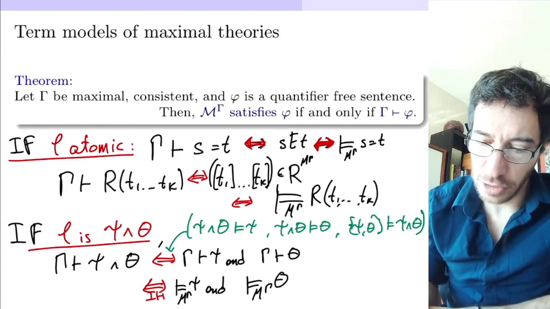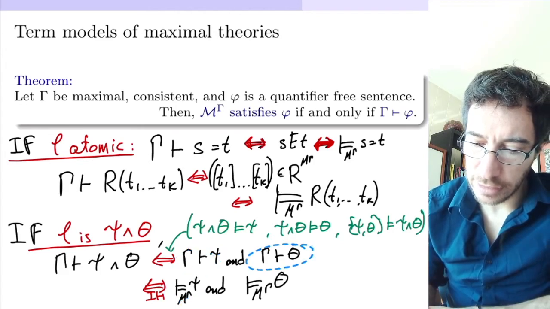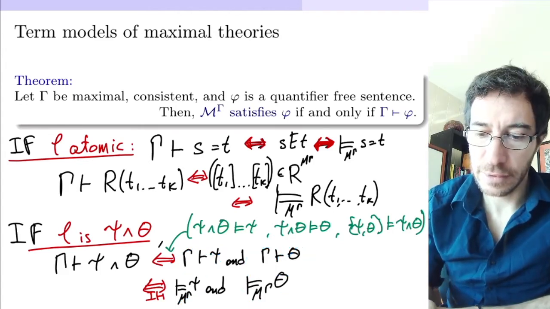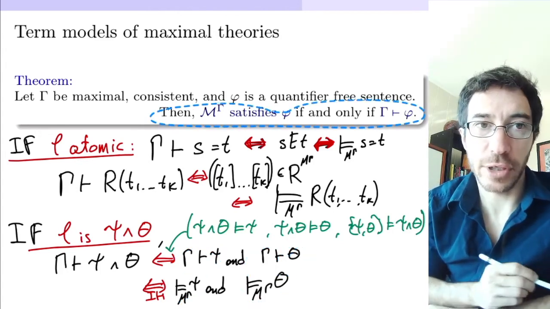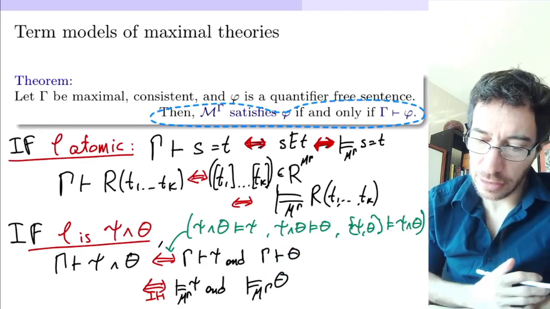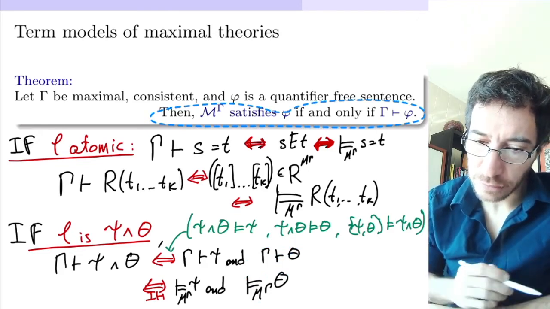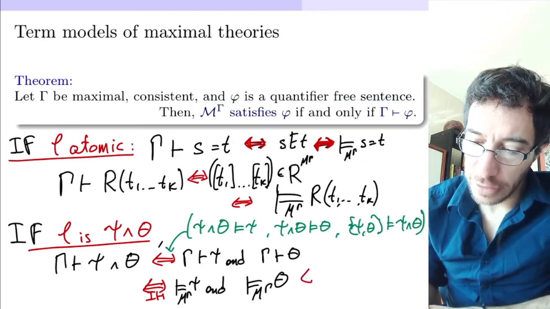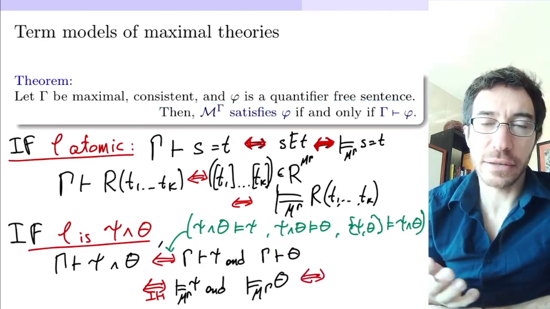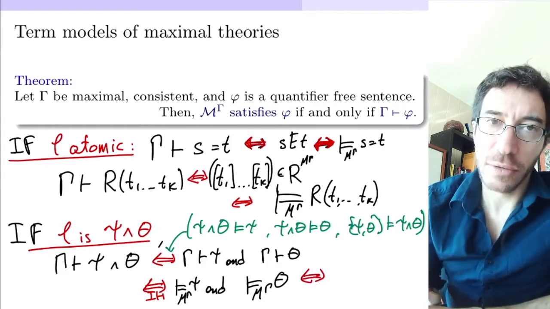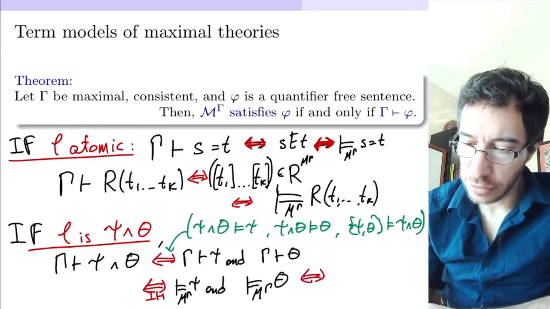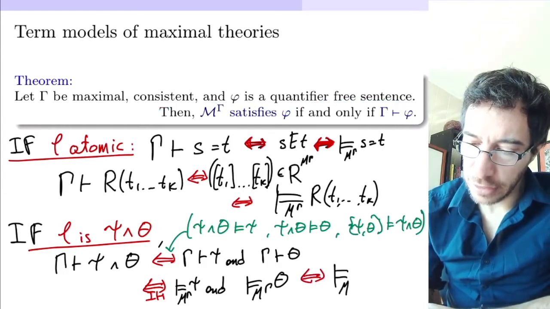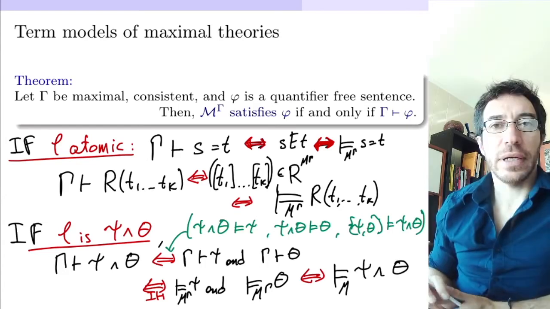We know this is equivalent to that, and that is equivalent to this, because they are smaller. But now, again, by the definition of what it means to model an AND, if you look at way back when we defined what it means to model something, this is the same thing as modeling psi and theta.